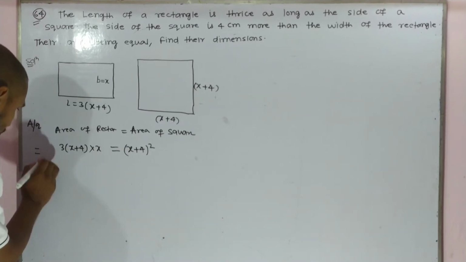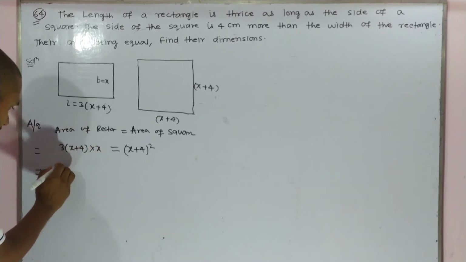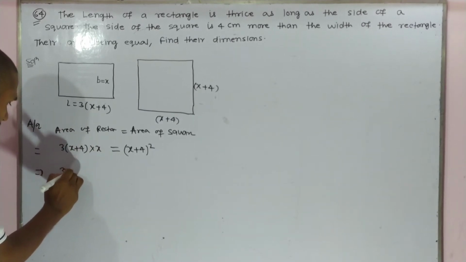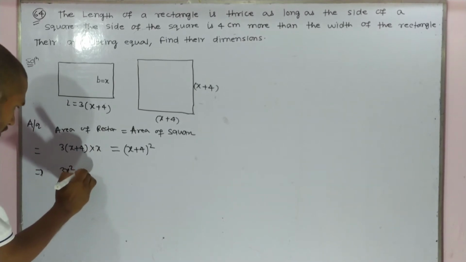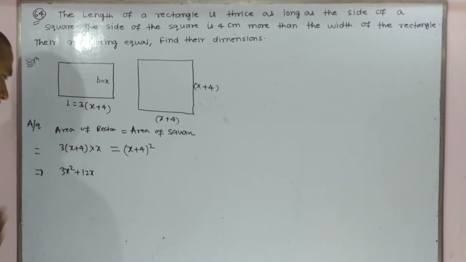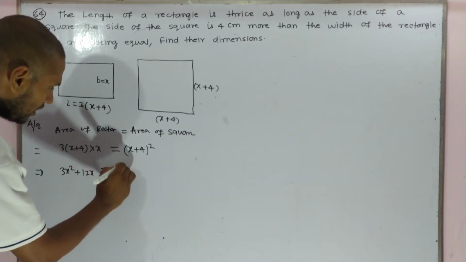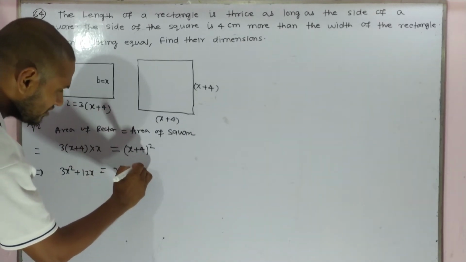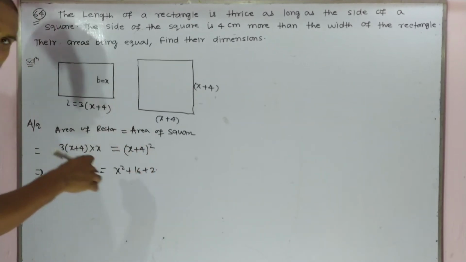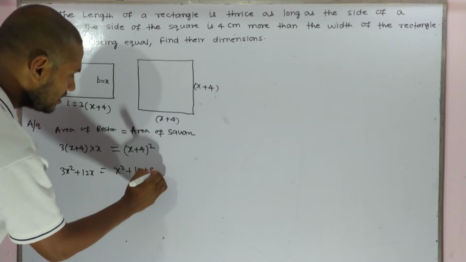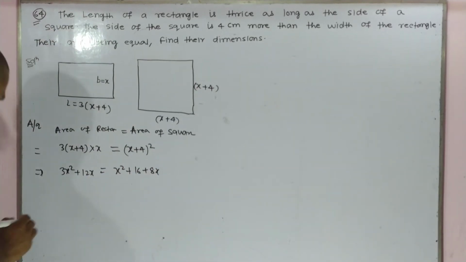From here we solve. 3x into x becomes 3x square. 3x into 4 becomes 12x. And from the square, 4 into 4 is 16, b square, plus 2 into 4 becomes 8x, directly you can write 2ab as 8x.